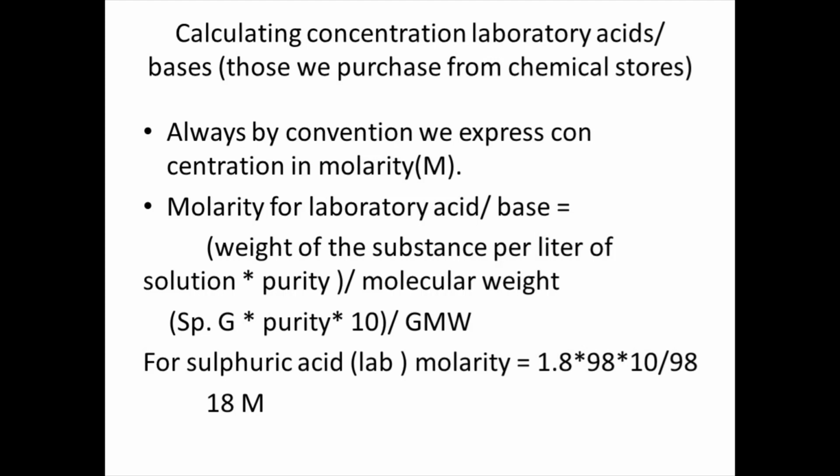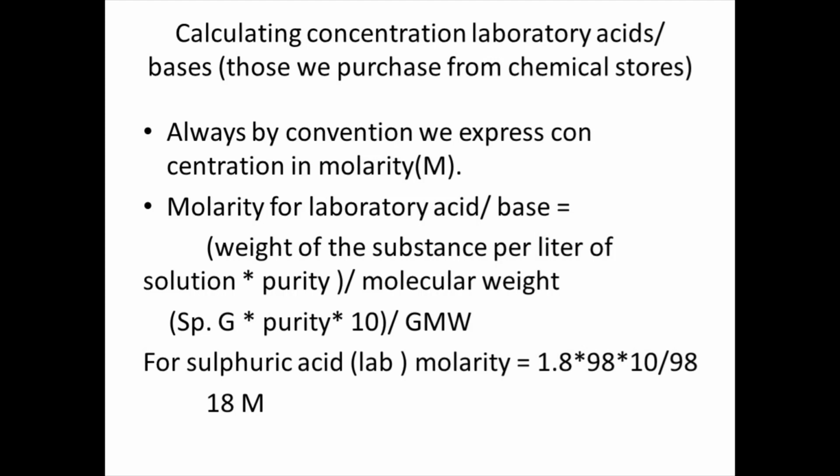But for a particular solution like sulfuric acid, we are not given density. We will be given specific gravity. What is specific gravity? Specific gravity is the ratio of density of the substance by density of reference. Mostly water is taken as a reference. So if you know the specific gravity and the purity, you will be calculating the molarity.